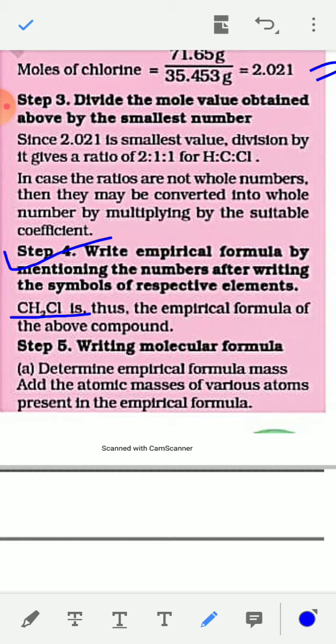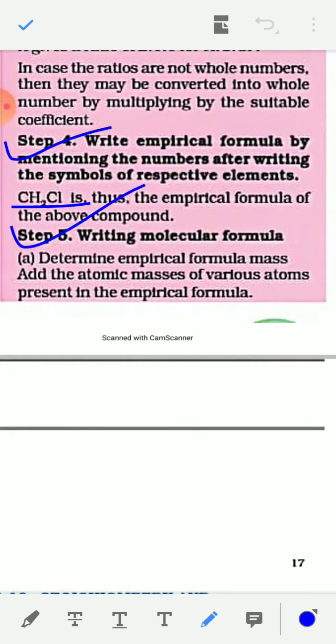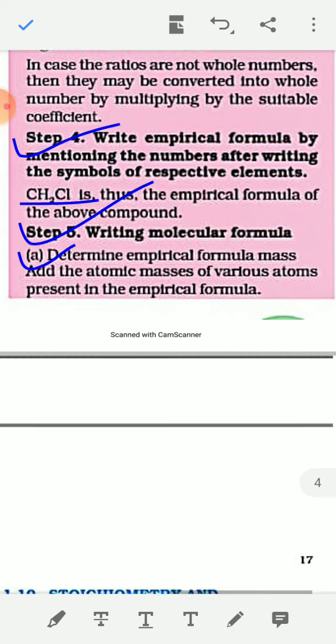Okay, now how to write the molecular formula? Before writing the molecular formula, you have to calculate the empirical formula mass according to the empirical formula. The empirical formula of the compound is CH2Cl. So what will be the empirical formula mass?